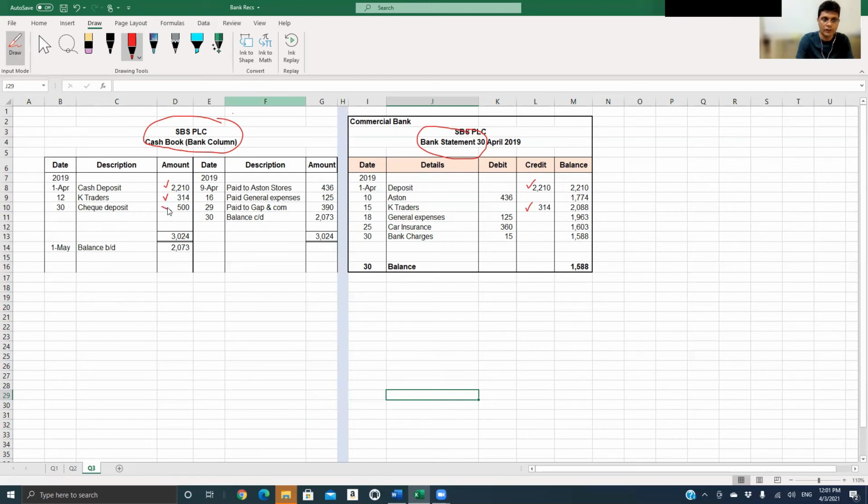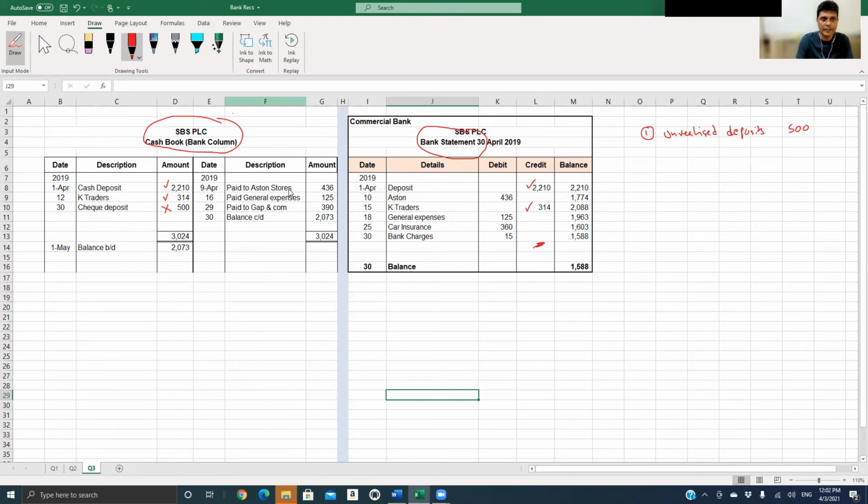No. This is the first difference. What is the difference? Unrealized deposit. We call it an unrealized deposit because if it is realized, it should appear in the bank statement.